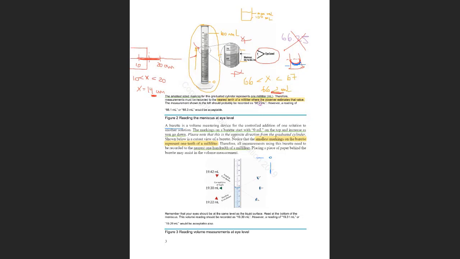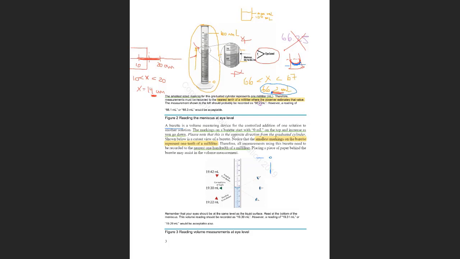So we said that with the graduated cylinder, we have 1 decimal. We have to report, because of the way the markings are, each smallest marking was 1 ml, we have to report with 1 decimal, 66.2.